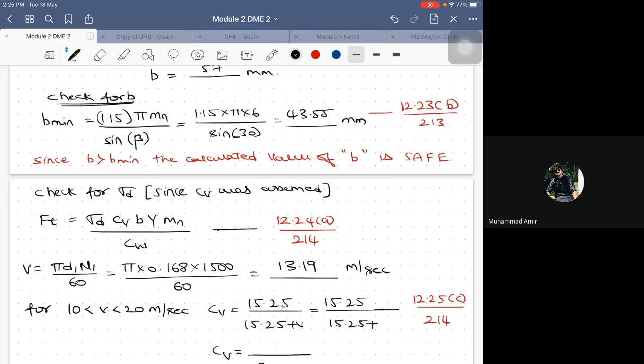So based on this velocity, it comes between 10 and 20. Pick up that formula, 15.25 divided by 15.25 plus V. Substitute the value of V, which is 13.19, and give me the value of CV. 0.536.